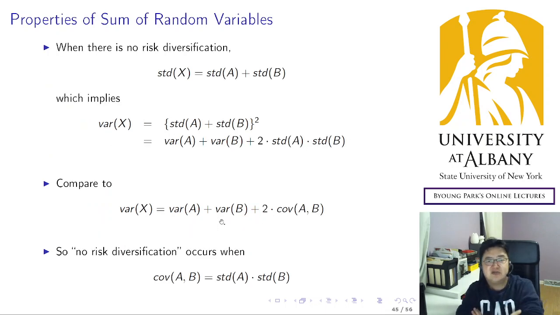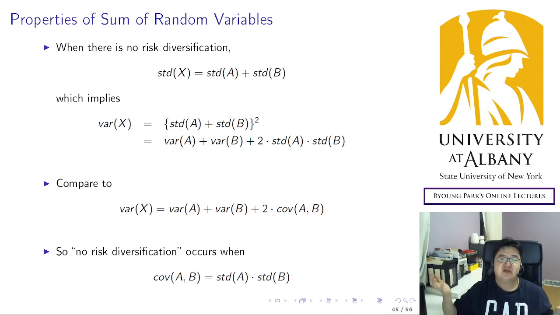And then let's study more about that. Usually, variance is easily calculated from the covariance, but in practice, standard deviation is more useful and more commonly used because standard deviation is standardized, but variance is not.